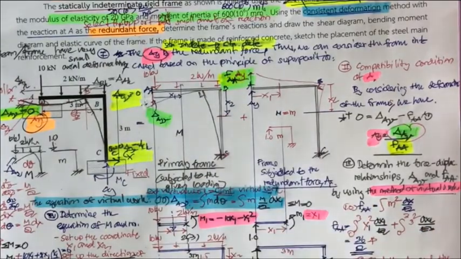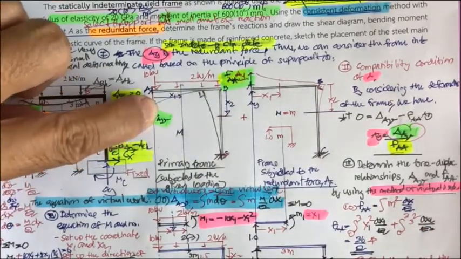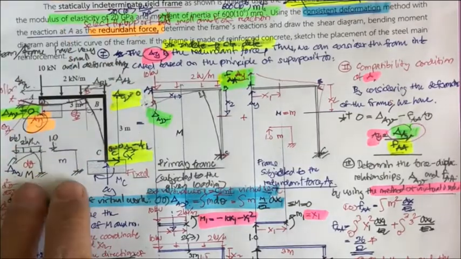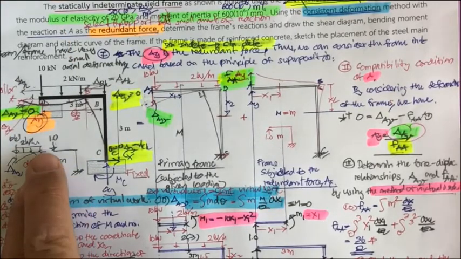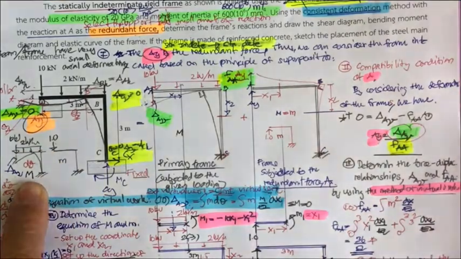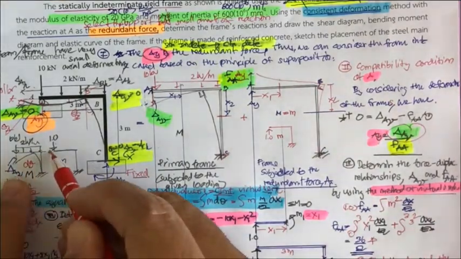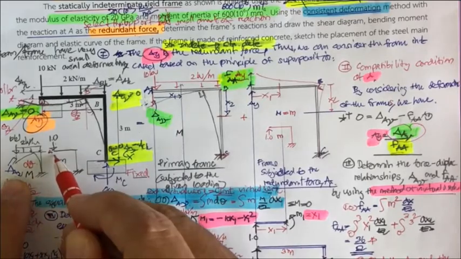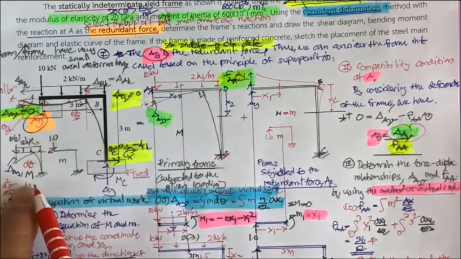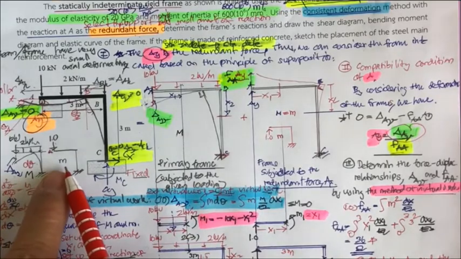That means you're going to determine the delta sub AV. That means you're going to put 1 unit force at point A in the vertical direction. This is going to produce the capital M, and this is going to produce the small m.